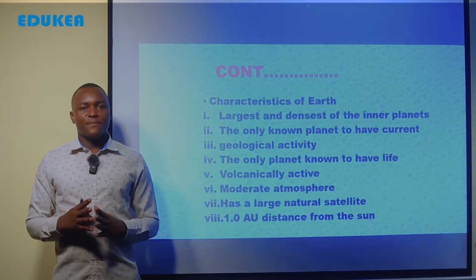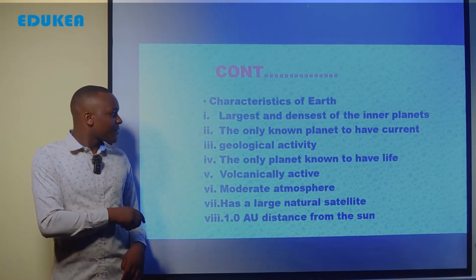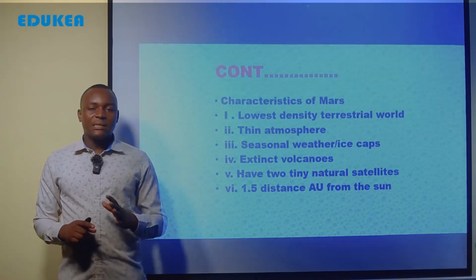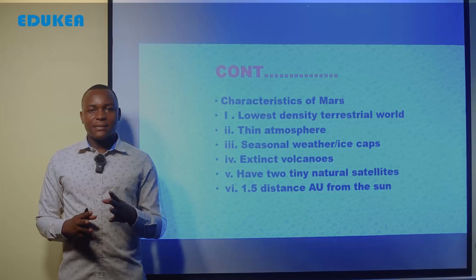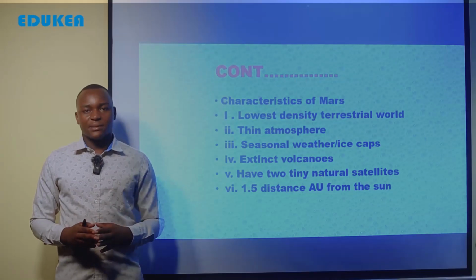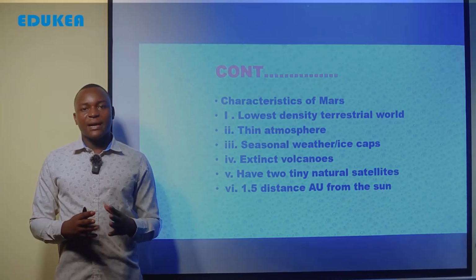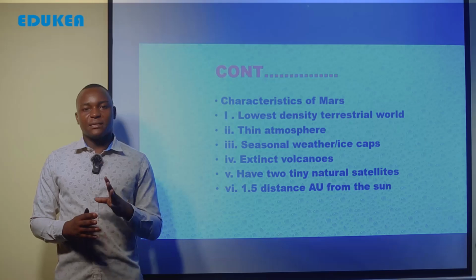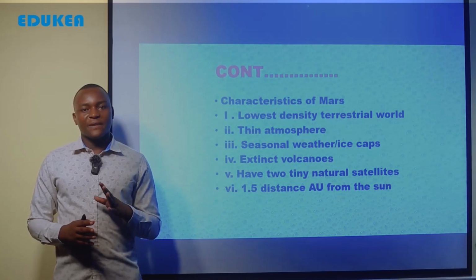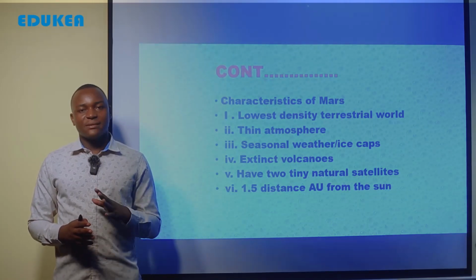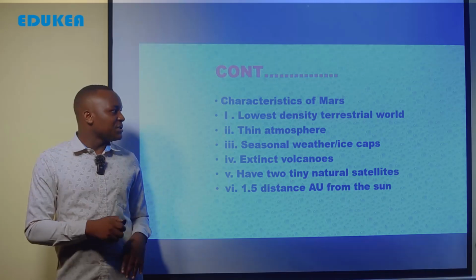Now let's look at the characteristics of the last inner planet, which is Mars, ambao ukiangalia in terms of arrangement it is 4 in number. So this is a planet which is called Mars. We say that it is the lowest density terrestrial world.